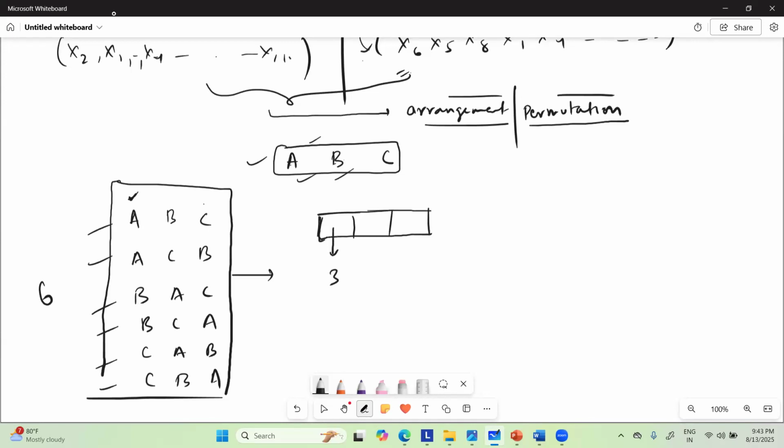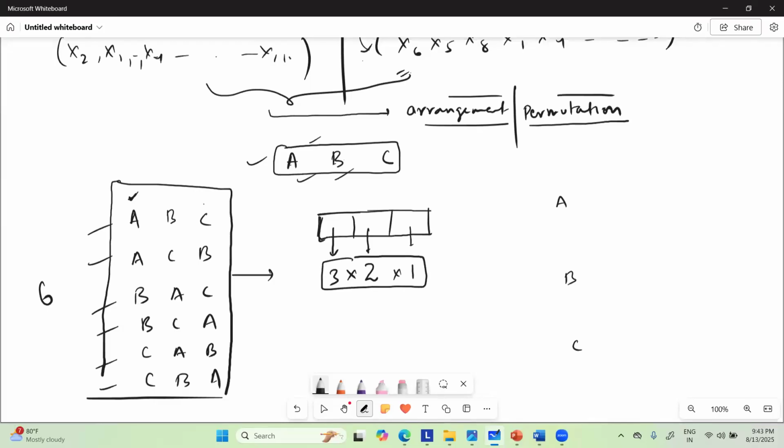In the first box, I can put three letters, A or B or C. So I'll represent it as A or B or C. Once anyone is written here, for the next one I will have two options. And for the next one, I will have one option left.